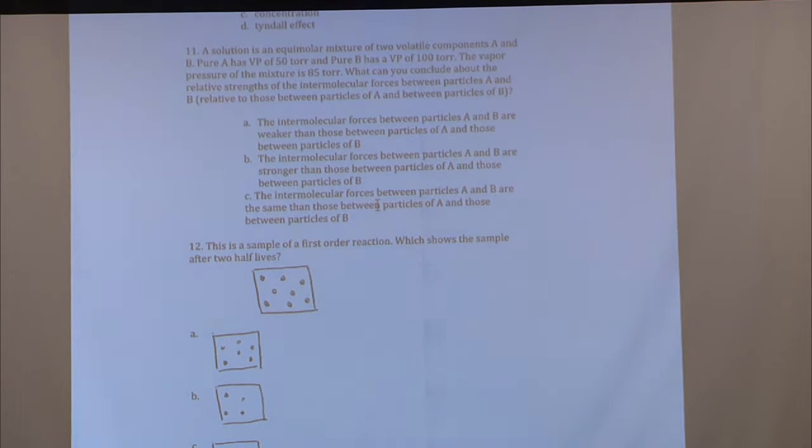And normally, the colligative property of vapor pressure is vapor pressure lowering. So that's why the mixture is a smaller value. The answer should be A. And this question's from your book at the end of the chapter.